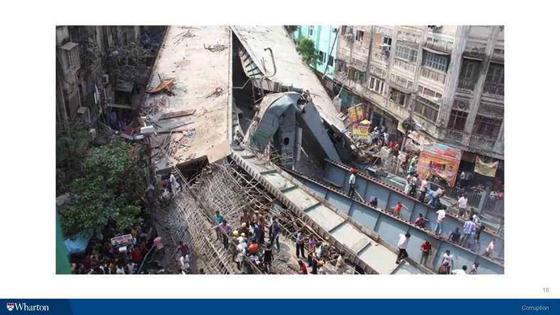When apartment buildings collapse, when bridges collapse, when department stores collapse, investigations into those collapses often find that the apartment building, the bridge, the department store was not built according to standards. It didn't meet quality standards. Why didn't it meet quality standards?